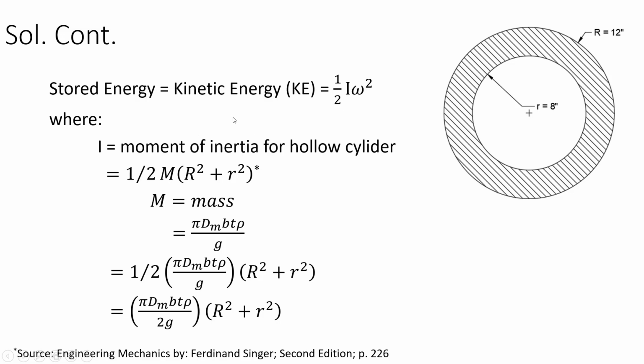So in our formula, I is the moment of inertia for a hollow cylinder. Our reference for computing the mass moment of inertia of a hollow cylinder is Engineering Mechanics by Ferdinand Singer, second edition, page 226.